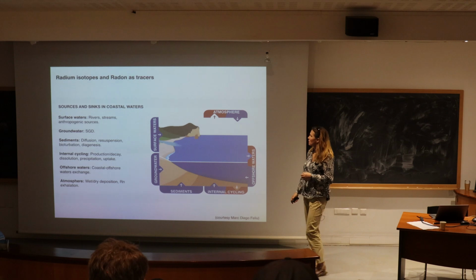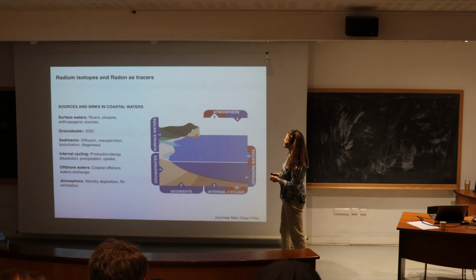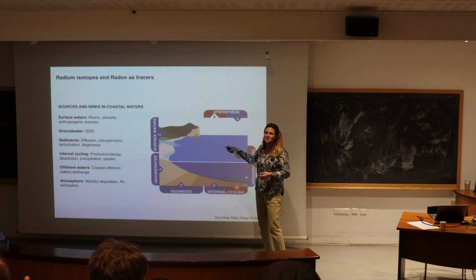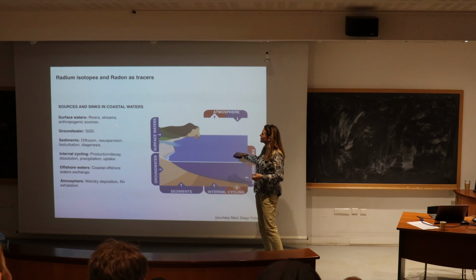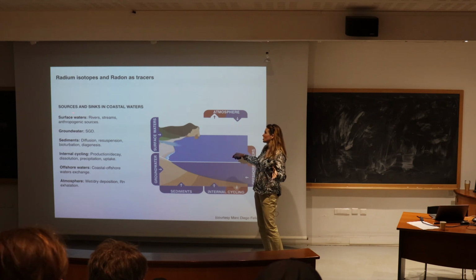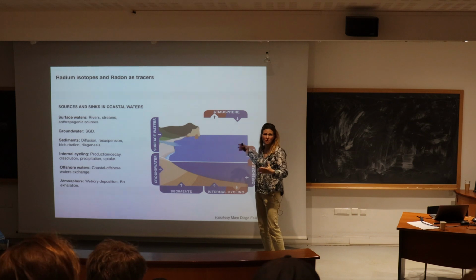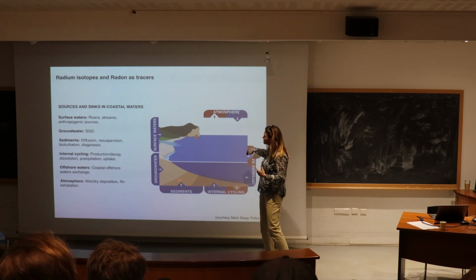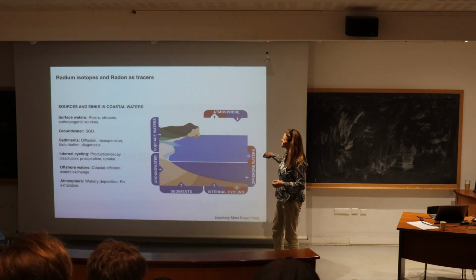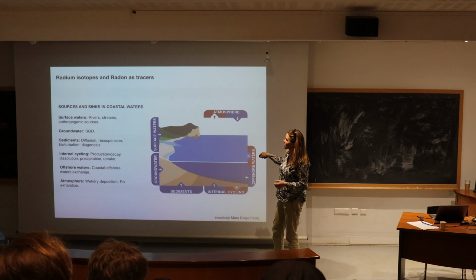It's complicated though, like all things, because sources of these radiogenic isotopes include groundwater that is discharged to surface water and is now entering your bay or your coastal zone. Of course, groundwater, that's what we care about trying to measure.